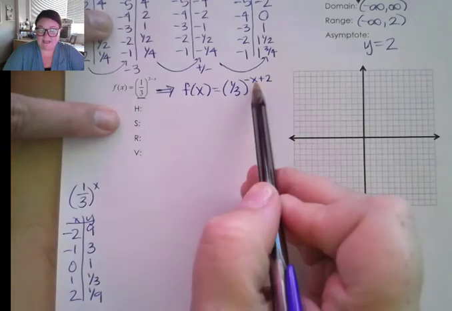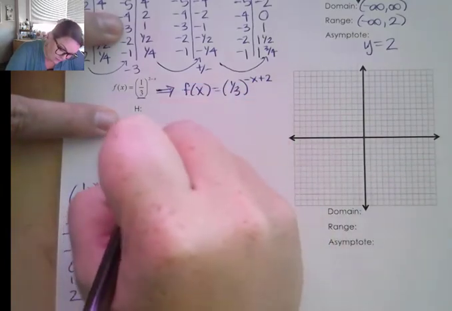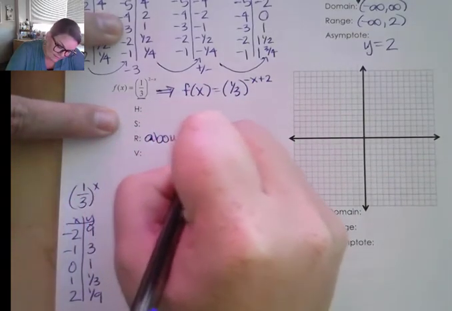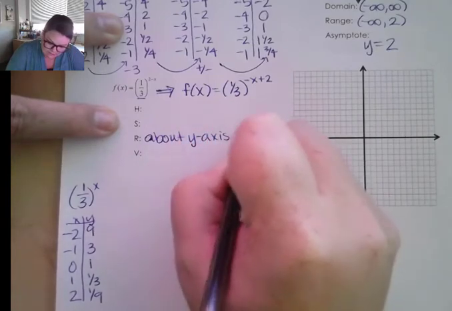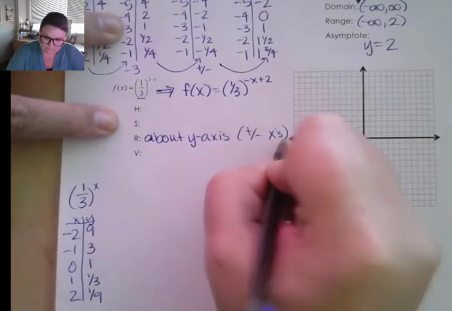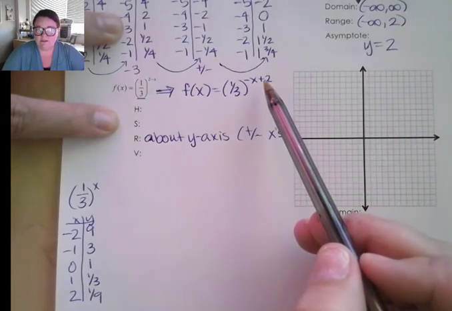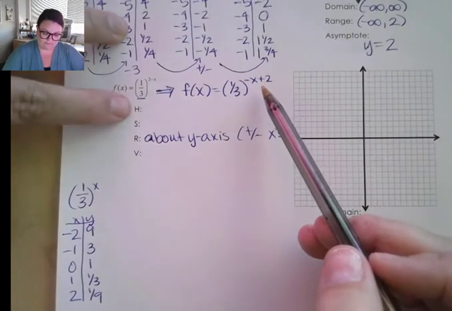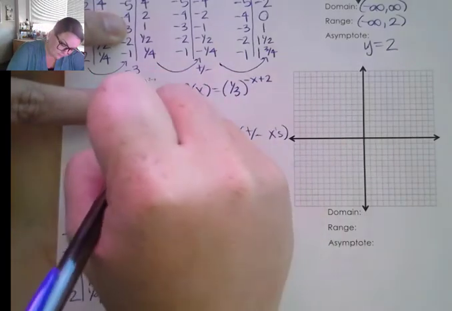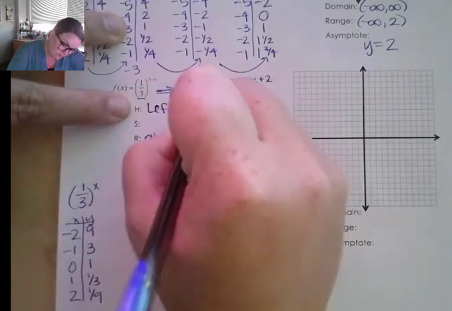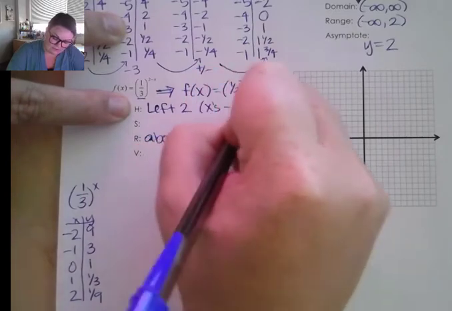The negative in front of the x is a reflection about the y-axis. So we're going to change the signs of our x's. And then the plus 2 up in the exponent is a horizontal shift to the left 2. So we're going to take our x's and subtract 2.